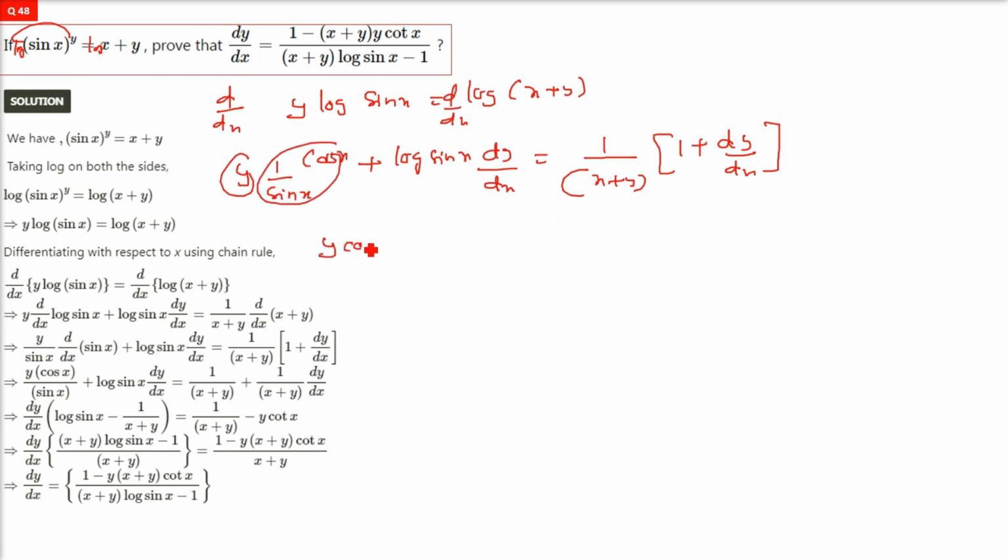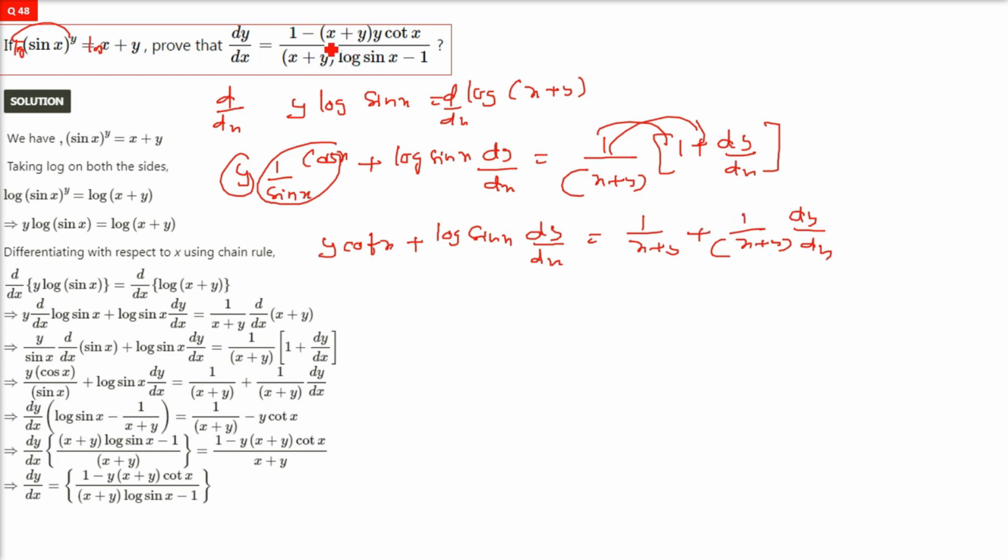So y cos by sin is cot, and log sin x dy by dx. Now on the right you have to multiply inside. So 1 by (x plus y) plus dy by dx, that is 1 by (x plus y) into dy by dx. So now bring this dy by dx on one side.